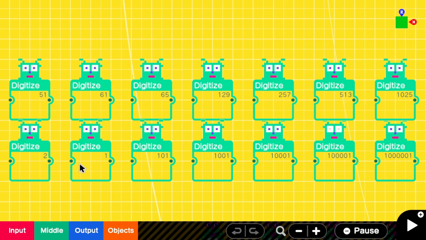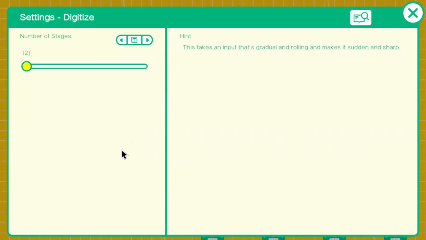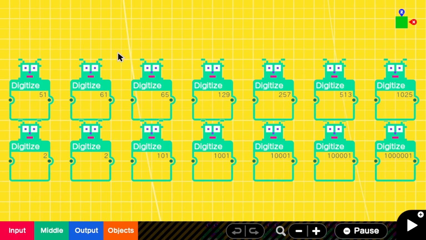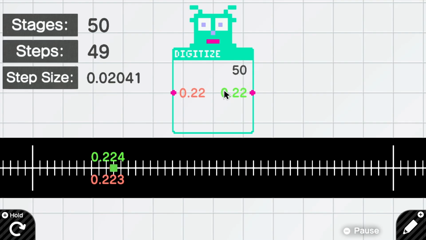This digitize is just gone forever. Look at here, it just goes back to 2. Yeah, no way to fix that. Just make sure to, if you're using this template and using these digitized nodons, have a copy somewhere else, just in case you accidentally open one of them, just to make sure you don't lose them forever.